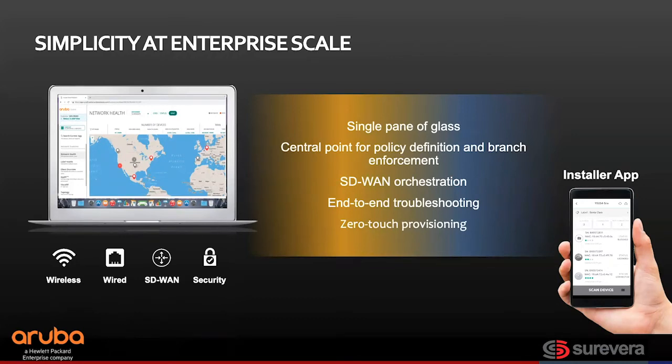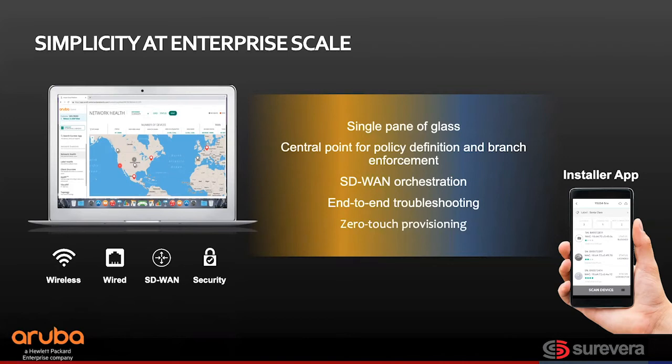And to what Will was talking about, we can actually send these devices out to a site, and via installer app, we can actually give a person permission only for that site, where they are able to scan the box or the serial number on the back of the router. It would tie it to their group within Aruba Central and their instance, and that would then download its configuration, give it connectivity, and we're up and ready to go on site.